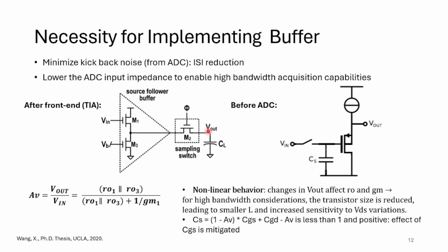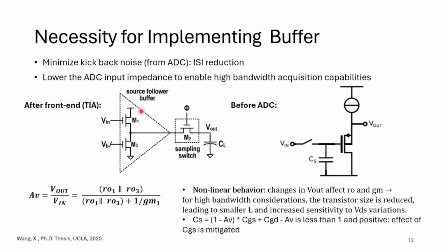So the sampling capacitor wouldn't load the front end, and the capacitor of the ADC, which is nonlinear, wouldn't load the switch and wouldn't load the sampling.